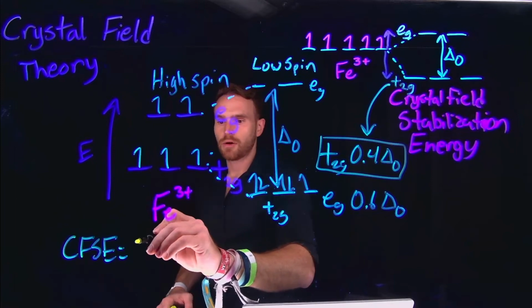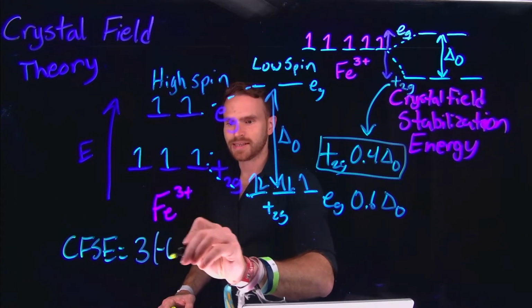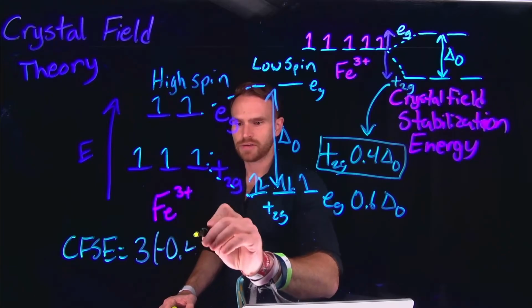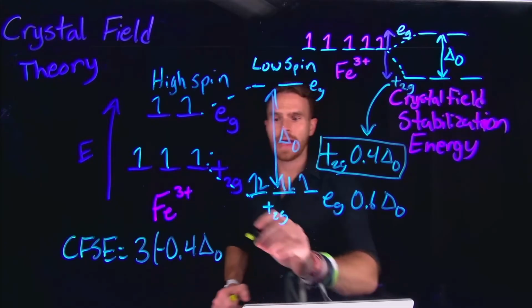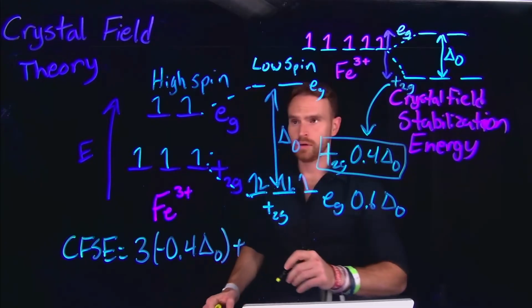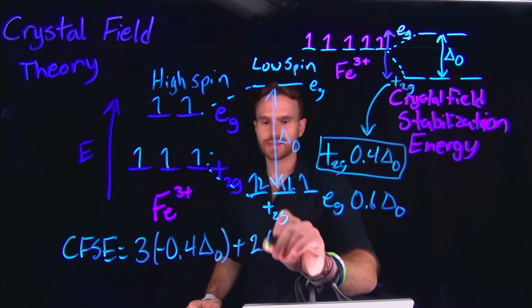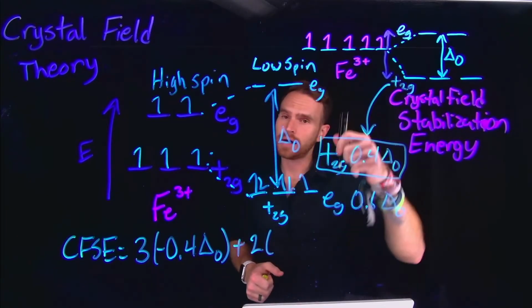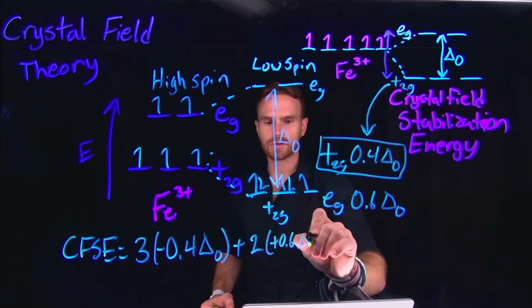So I would say that there are 3 electrons there. They are experiencing a stabilization or a negative energy value of negative 0.4 delta O. And that is added to the 2 electrons in the eg orbitals, which are experiencing a destabilization or a positive energy of 0.6 delta O.